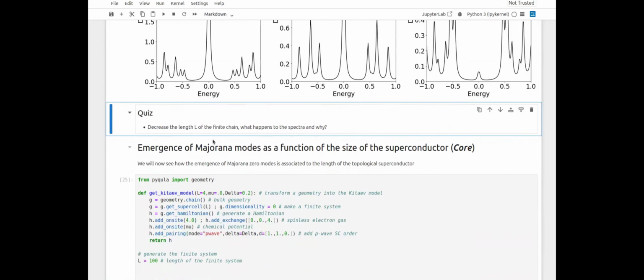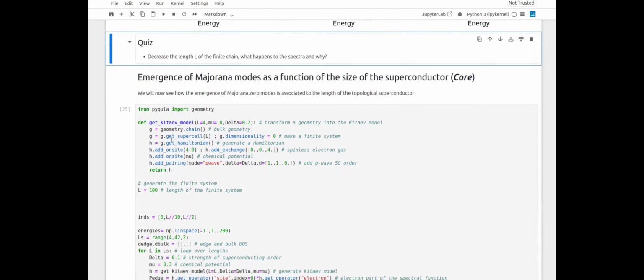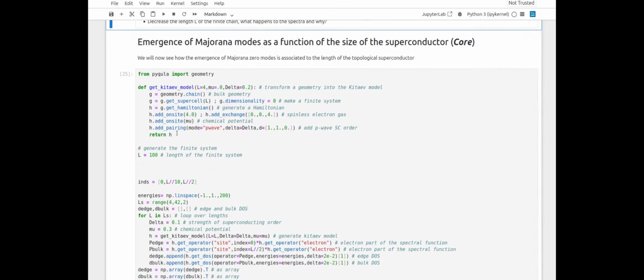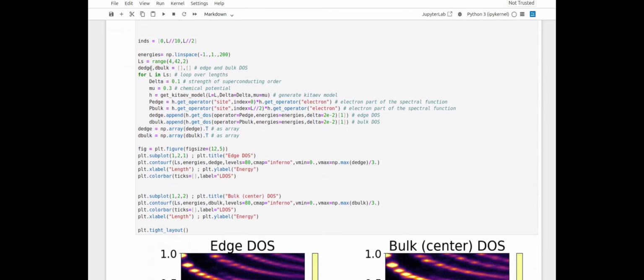Okay, so now let us move on to consider the emergence of Majorana modes as a function of the size of the superconductor. So we are going to use the same model as before. So we are going to take a one-dimensional chain with p-wave superconductivity. And what we are going to do is compute the system at different lengths.